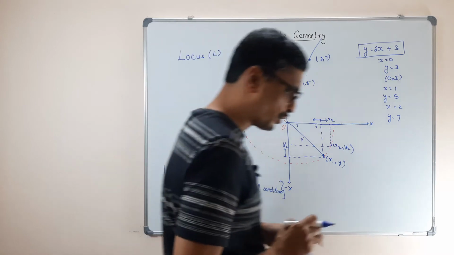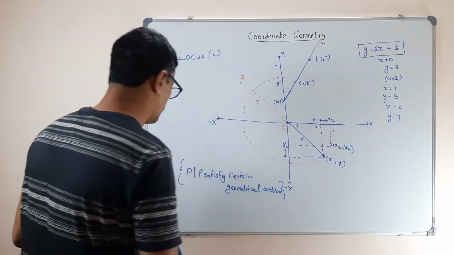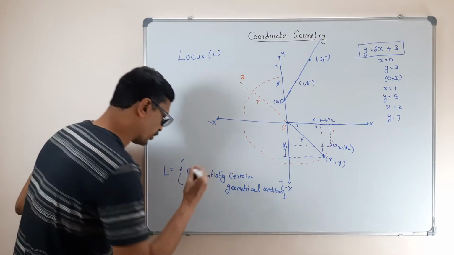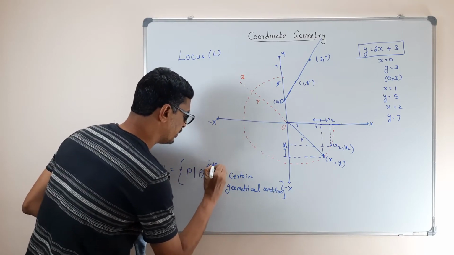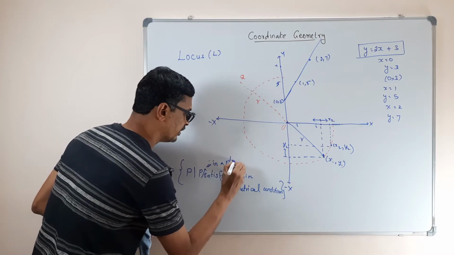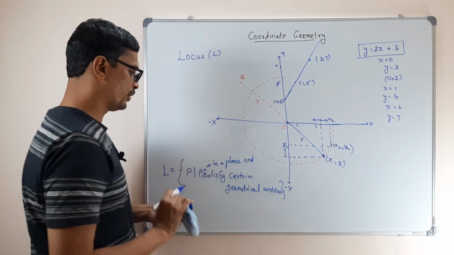Got it? One thing they have written is that point P is in a plane. Locus is a set of points P in a plane that satisfy a certain geometrical condition.